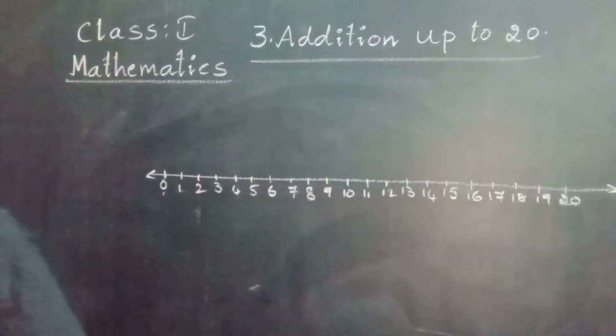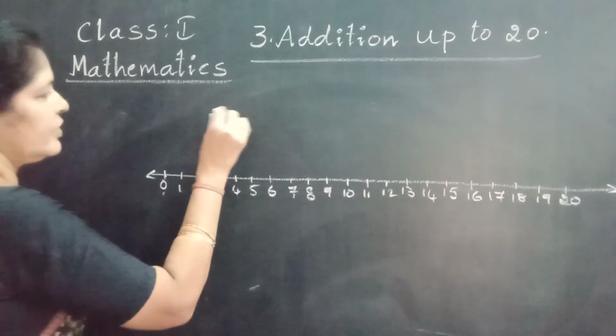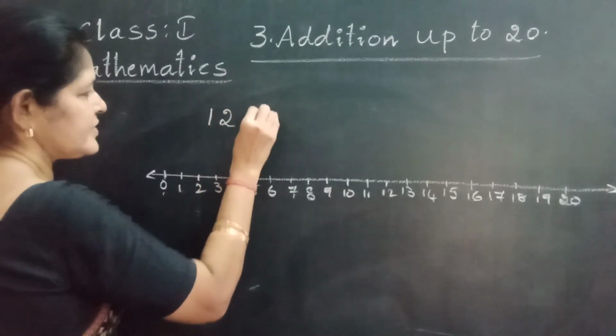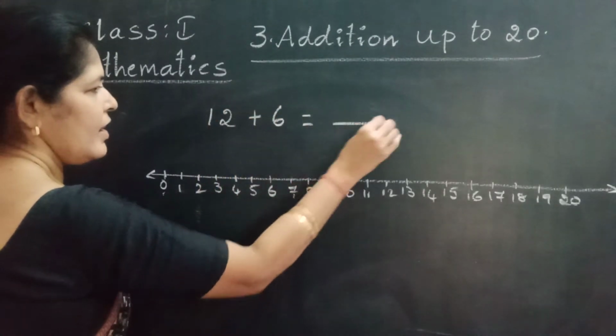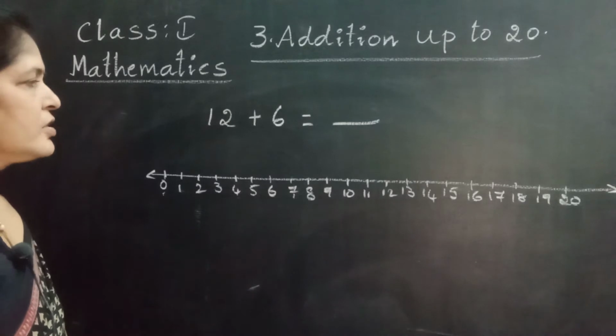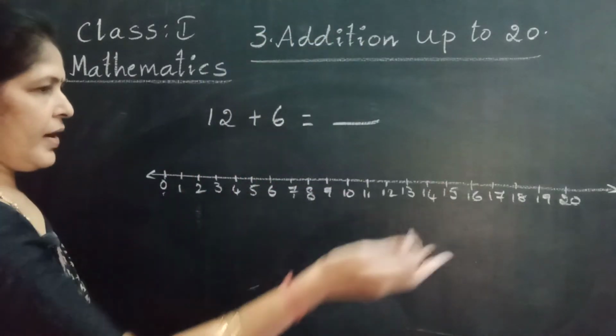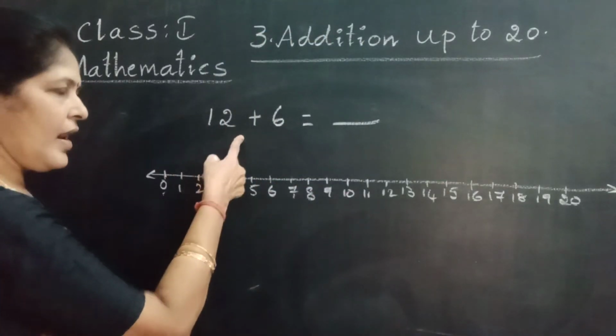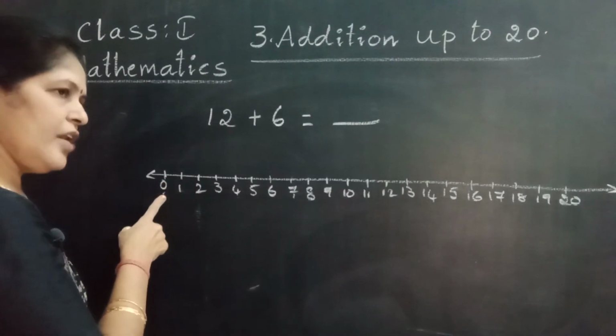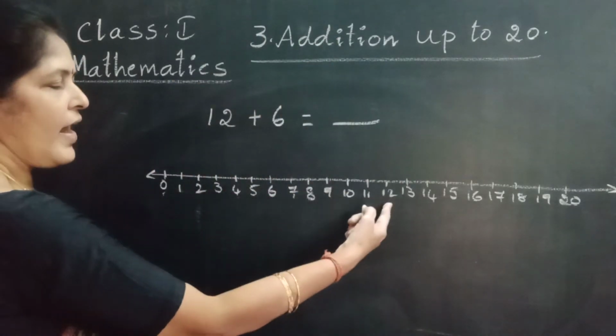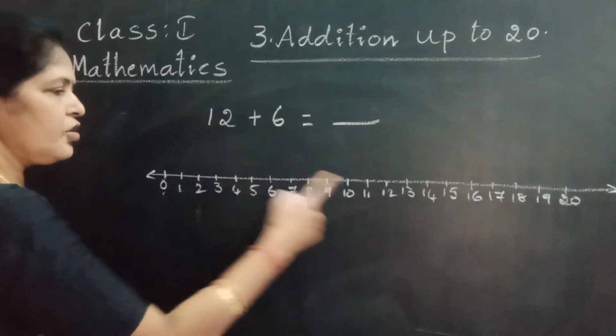Now we are going to draw addition on the number line. See, 12 plus 6. We show 12 plus 6 on the number line. First number is 12. Begin from 0 to 12. First step 0 to 12.